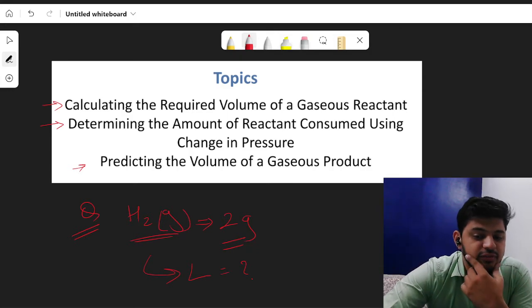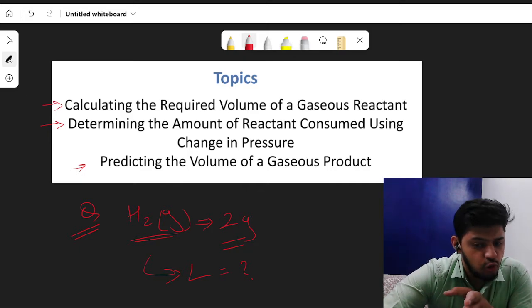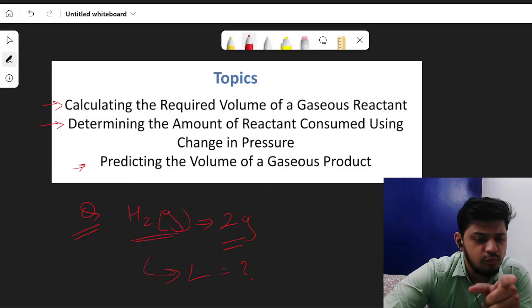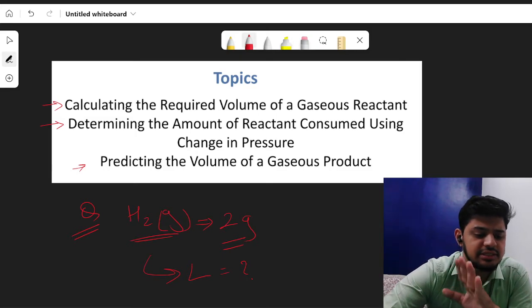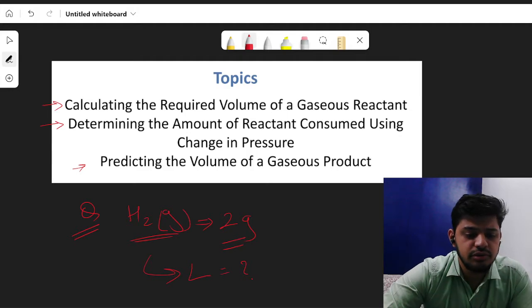Very good. The first thing we will do is the conversion of grams to moles. Then we will directly convert moles to liters. That's it. Moles to liters.